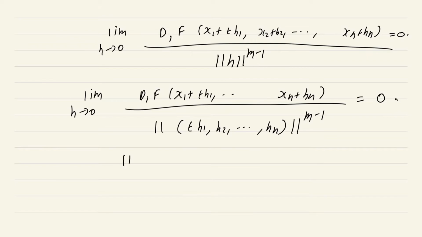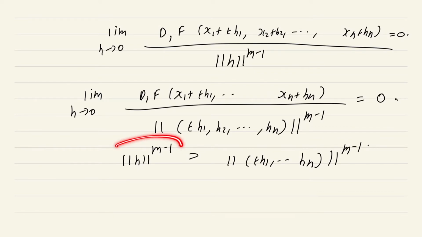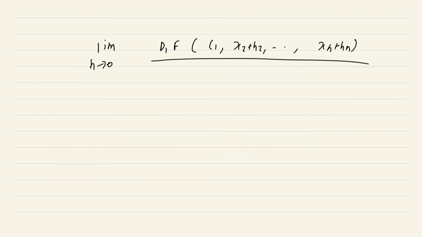But norm h to the power m minus 1 is greater than the norm of t h1, dot dot dot hn to the power m minus 1. This is a larger quantity because 0 is less than t is less than 1. So therefore we have the limit h going to 0 of d1 f of c1, x2 plus h2, dot dot dot xn plus hn, by norm h to the power m minus 1 equal to 0, as claimed.